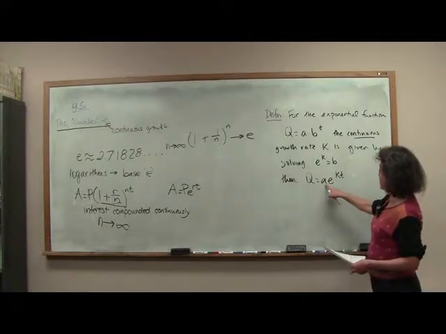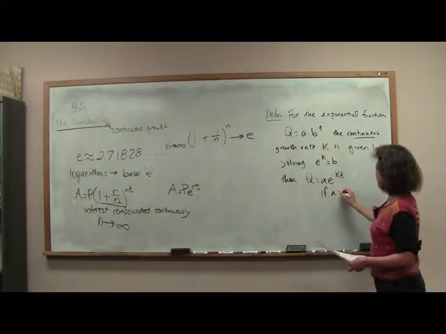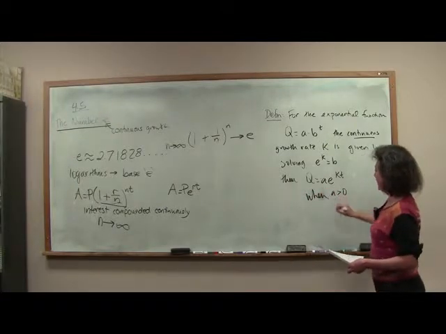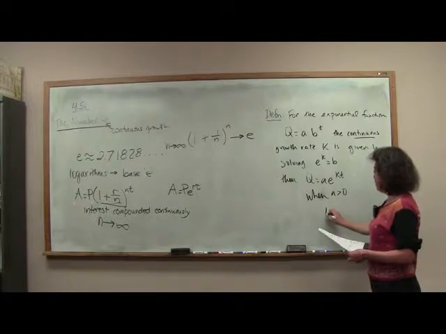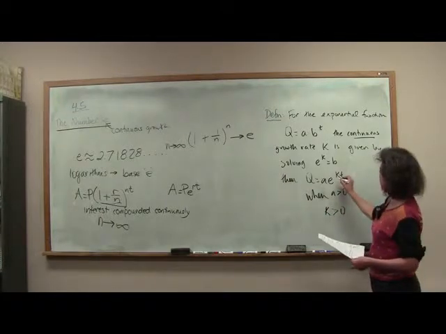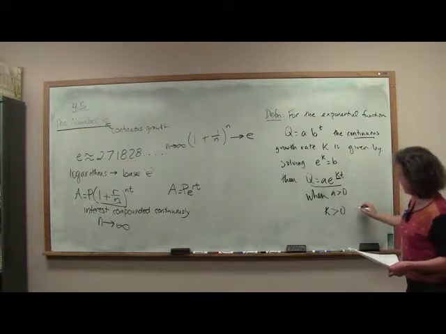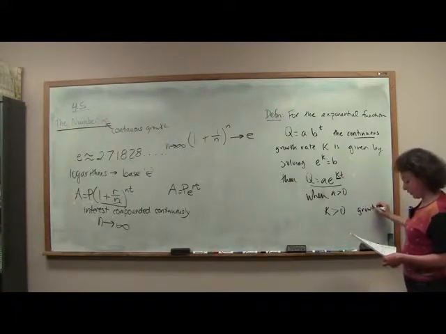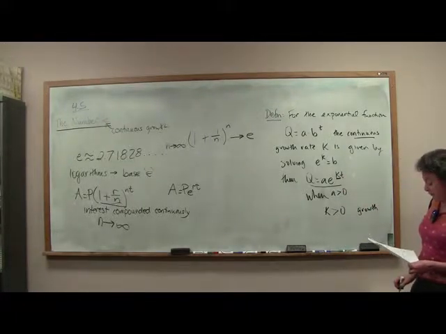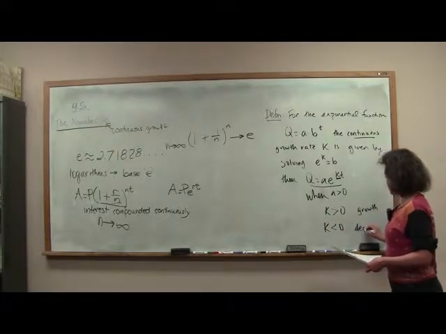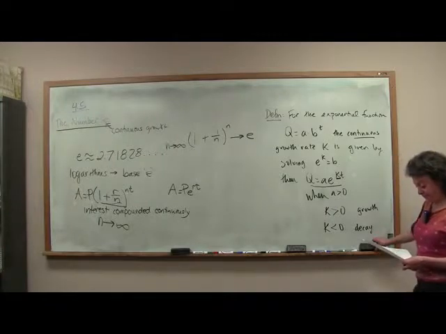Now, one thing to note, when A is greater than 0, one of the things that we'll see is that if our exponential is written in this form, if K is greater than 0, we have growth. And if K is less than 0, we have decay.